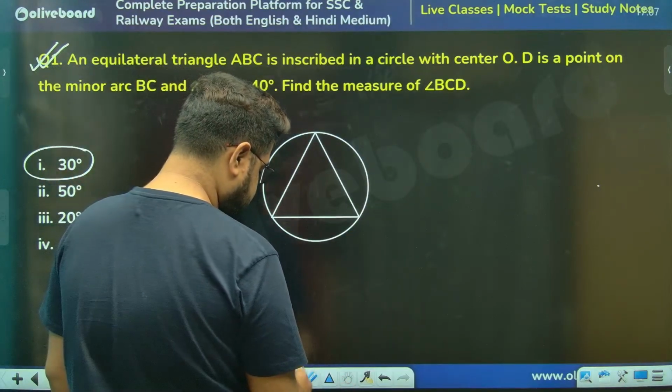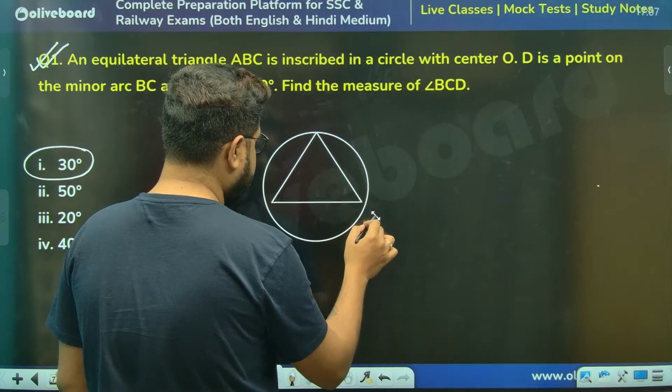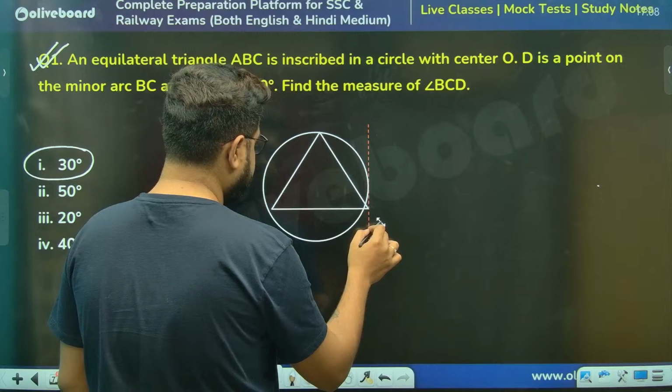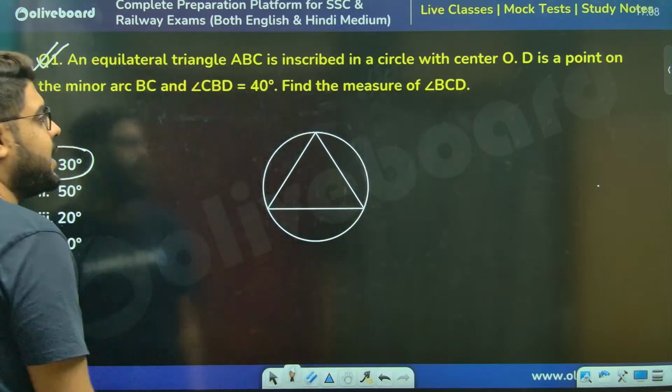Let's do one thing, make this a little more equilateral. Okay? This looks equilateral.